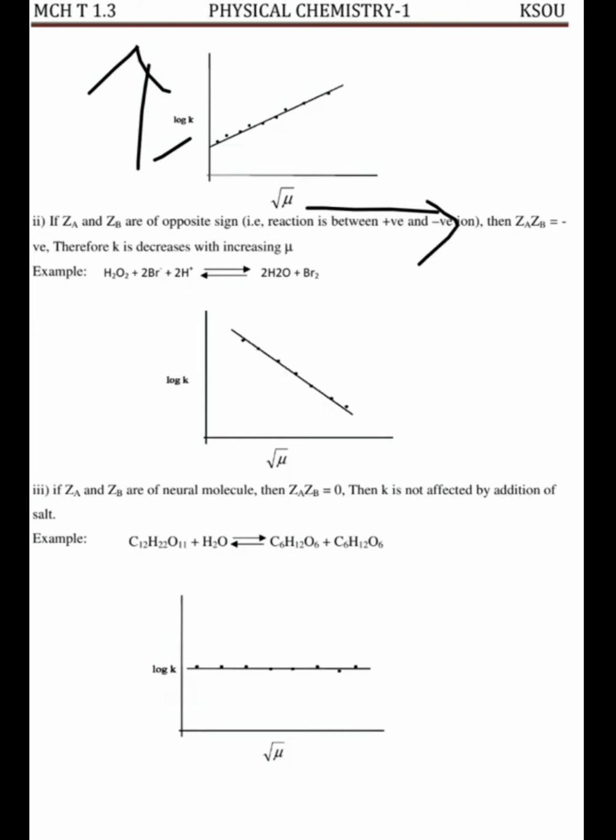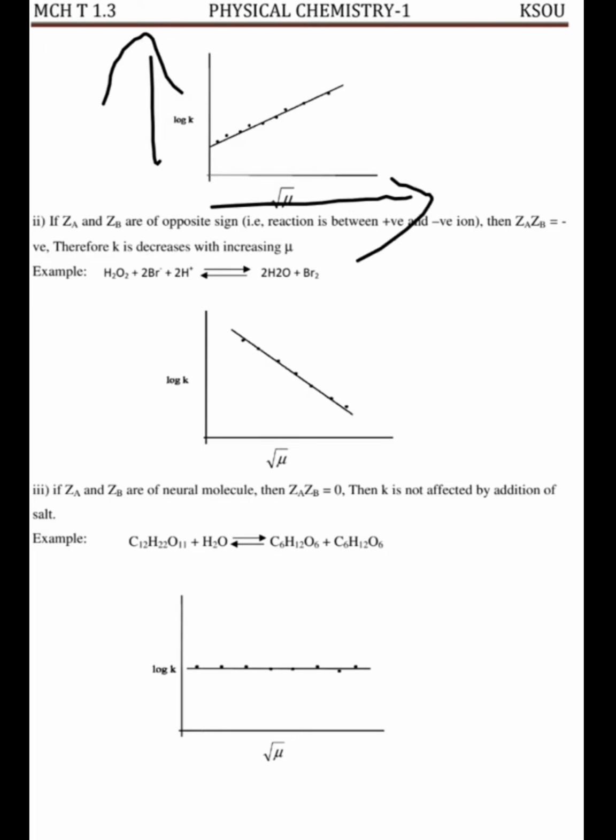Both positive or both negative, as the rate of reaction increases, the ionic strength of the solution also increases. So this is the plot. It increases simultaneously as the rate of reaction increases. Both are positive or both are negative ions present in that. So this is the first example.